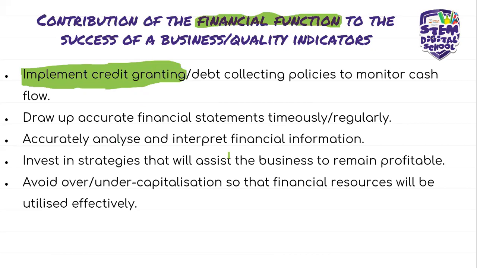Therefore, no more electricity is being used. What else uses electricity normally in the business? Let's say you have installed your solar. You're no longer using the geyser. You're no longer getting hot water from the geyser. Therefore, that will save electricity also. So that's where you accurately analyze and interpret financial information.